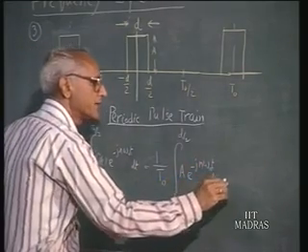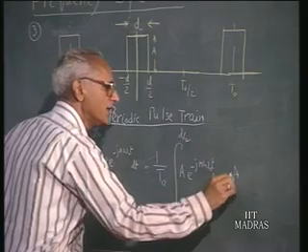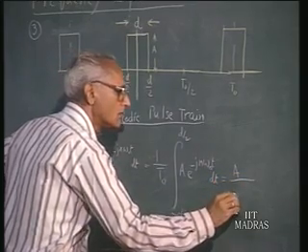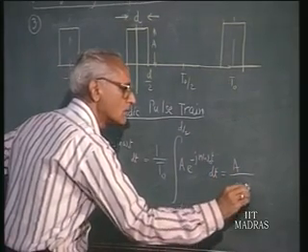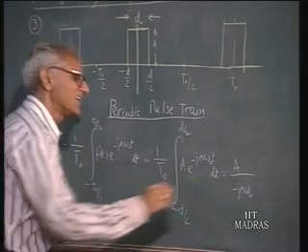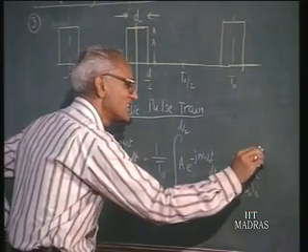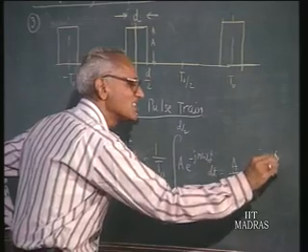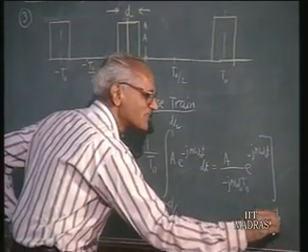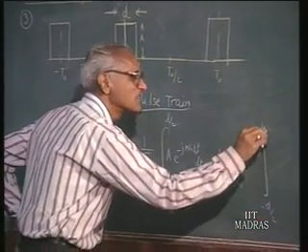And this can be written as A over minus j n omega naught T naught, times e to the power of minus j n omega naught t, evaluated between the limits minus d upon 2 to plus d upon 2.